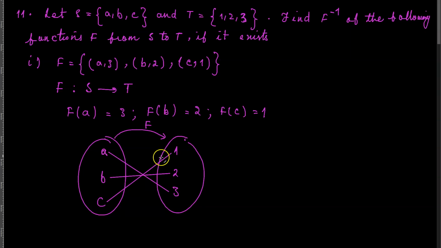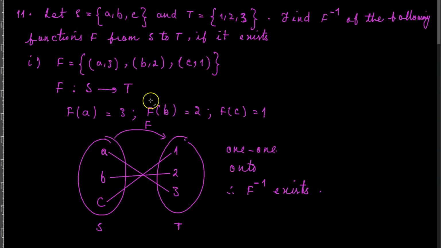So your function, first of all, is 1 to 1. And second of all, it is onto, because every member of this set T is the image of some element in the domain of the function. And since the function is 1 to 1 and onto, therefore f inverse exists.